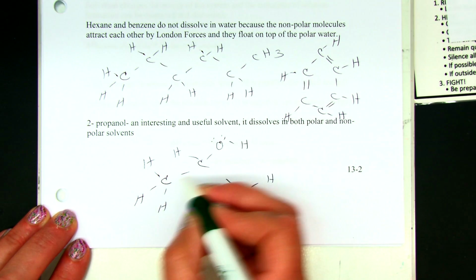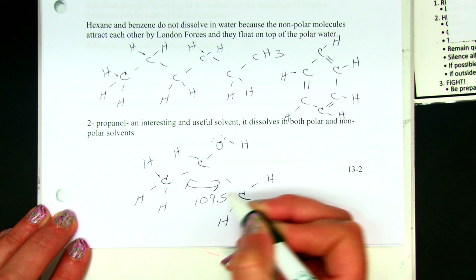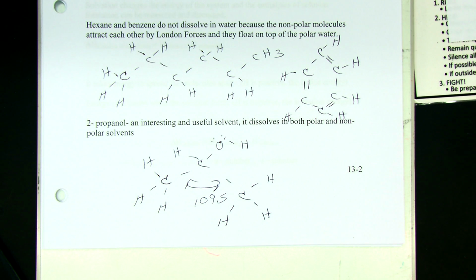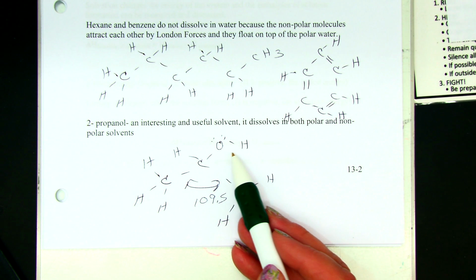So we get these bond angles of 109.5, and then this gets changed a little bit. This sort of folds back on itself. It causes a nonpolar area of the molecule, and then this is a polar area of the molecule.